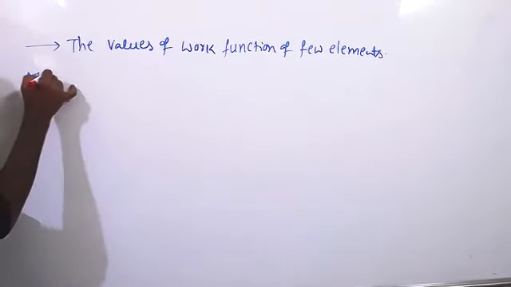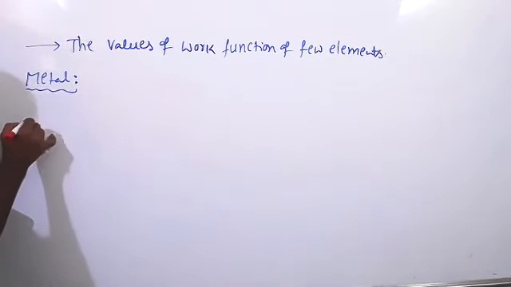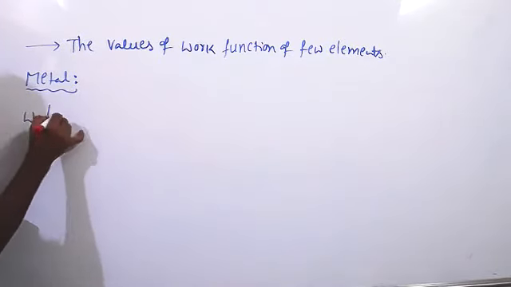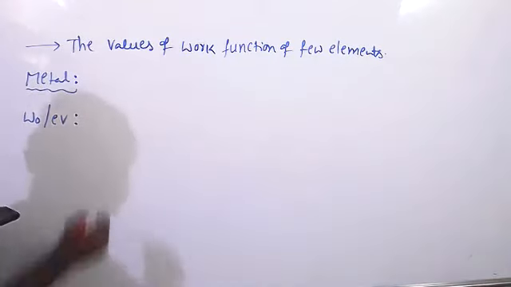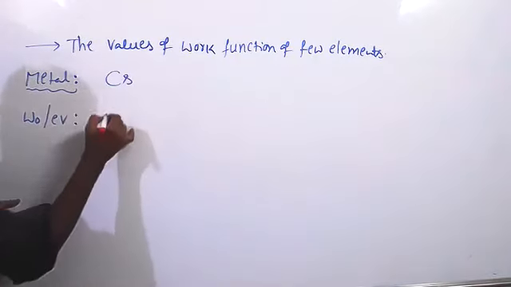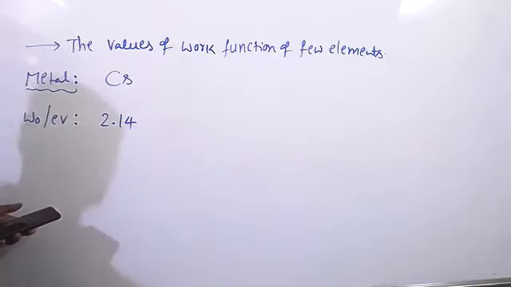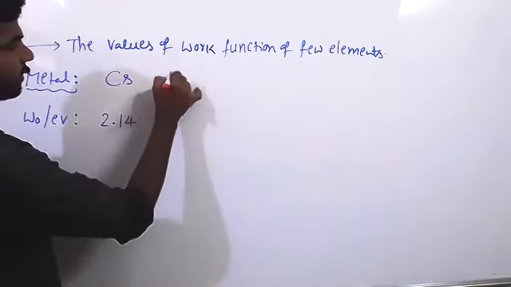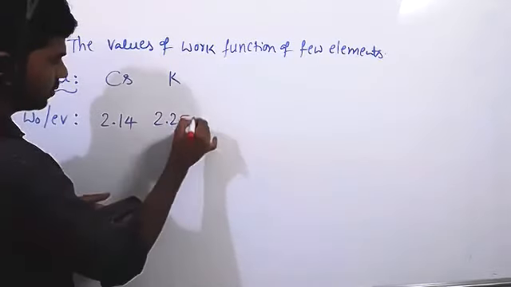So here, metal. This is the work function, which we are writing in electron volt. Suppose cesium metal: work function is 2.14 electron volt. Potassium is having 2.25 electron volt.